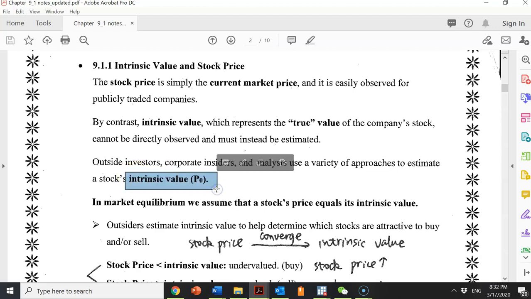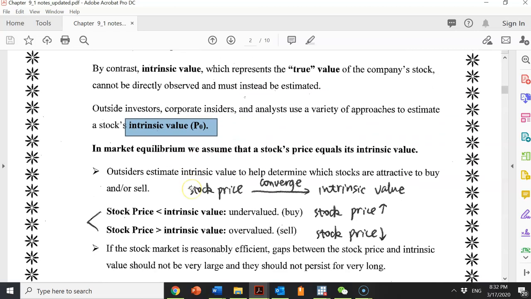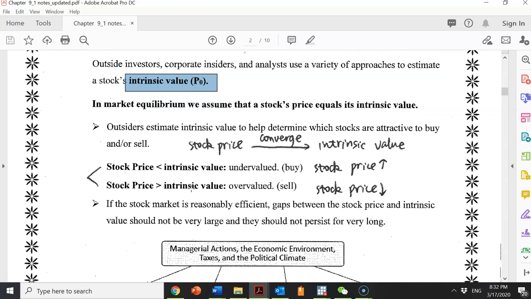And we're gonna introduce two of the most important models to estimate stock price in this chapter, which is dividend discount model and corporate valuation model. And in equilibrium, we think that stock market price is gonna converge to this intrinsic value. So outsiders or financial analysts, we could estimate intrinsic value by using the financial models, and it can help us to determine which stocks are attractive to buy or sell.